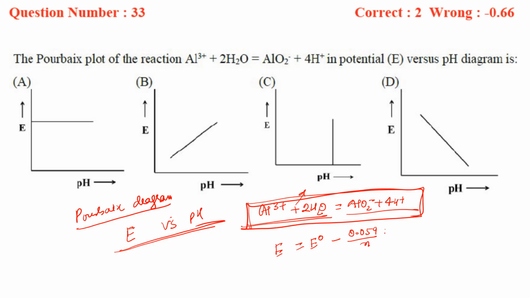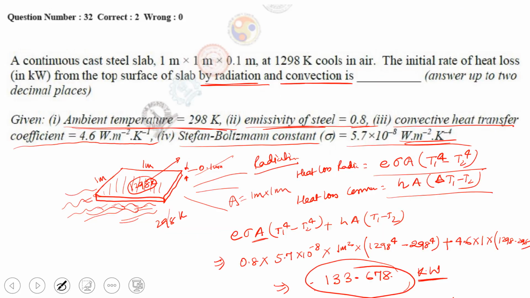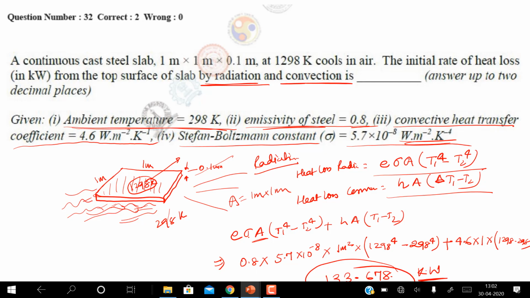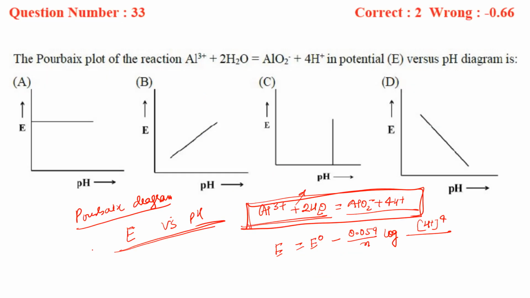0.059 by n, log, if you see, this will be what? H+ to the power 4 over Al3+ and AlO2-.